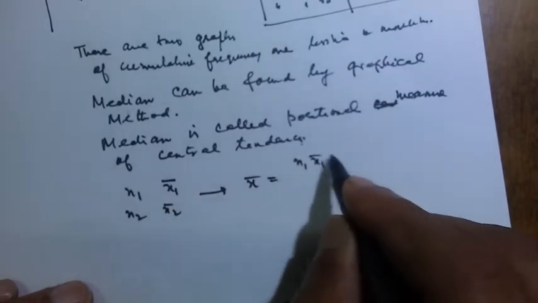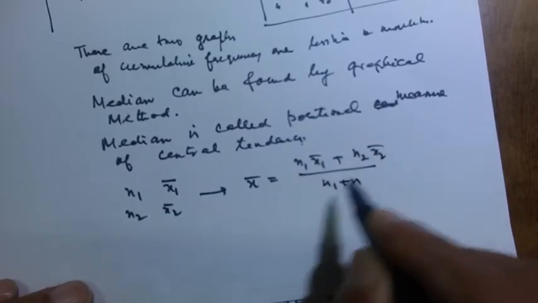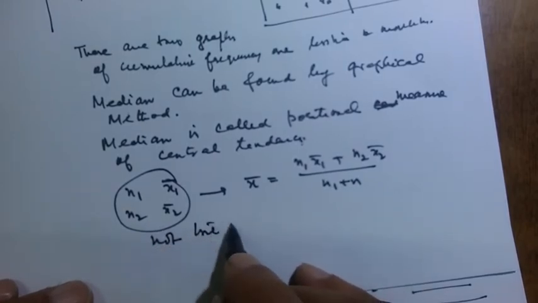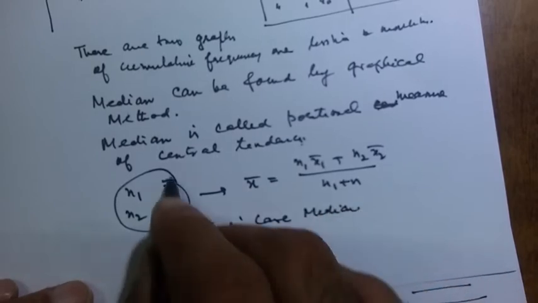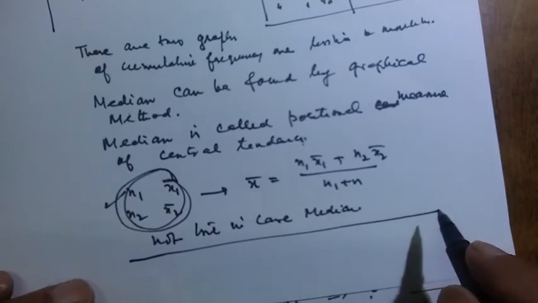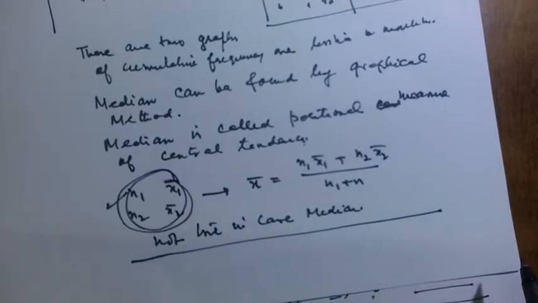This algebraic operation can be done on the mean, but it is not true in the case of the median. We cannot make a combined median like this. Therefore, the median has a drawback: it cannot be used for algebraic manipulation. Further, in statistics when we talk about sampling, only the mean is used because it can be used further in mathematical operations.